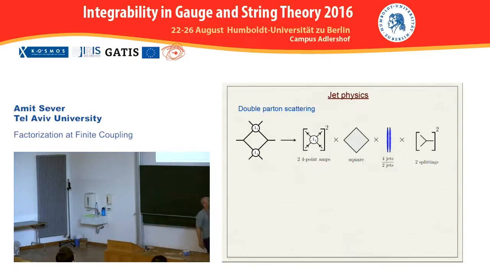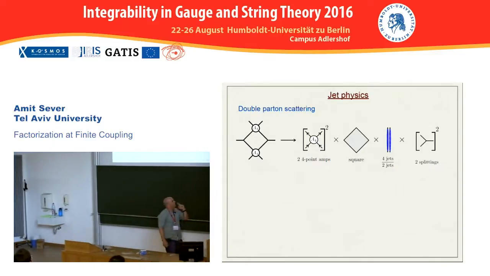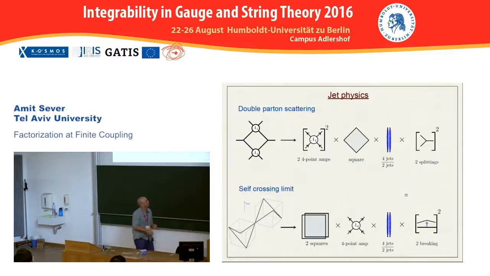What you expect is, again, to have these 2 4-point amplitudes, to have a square in the middle, where we replace the 2 external jets now by 4, so we have 4 jets over 2 jets, and the new ingredient is this probability for the parton to split in that way.